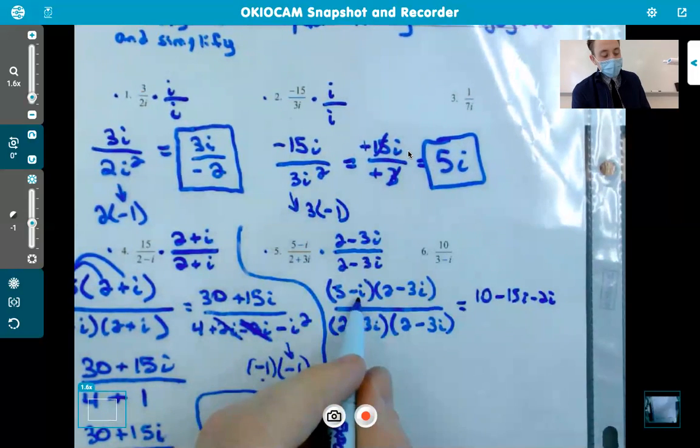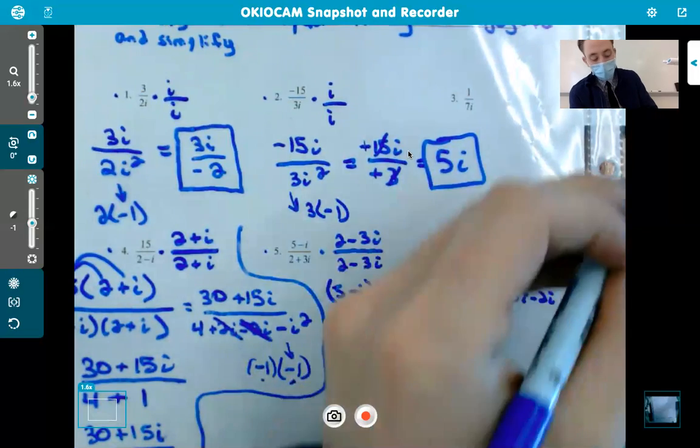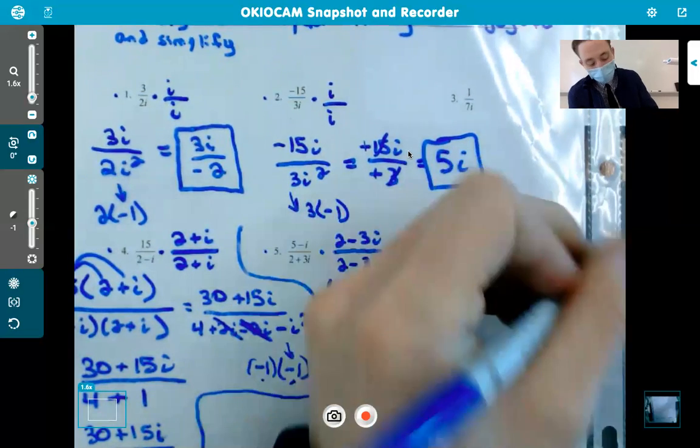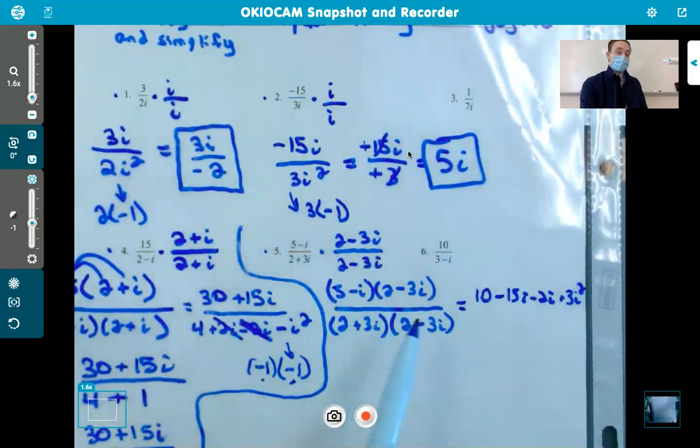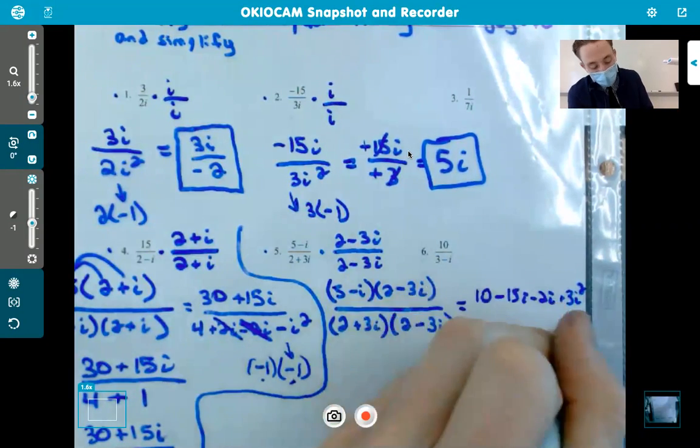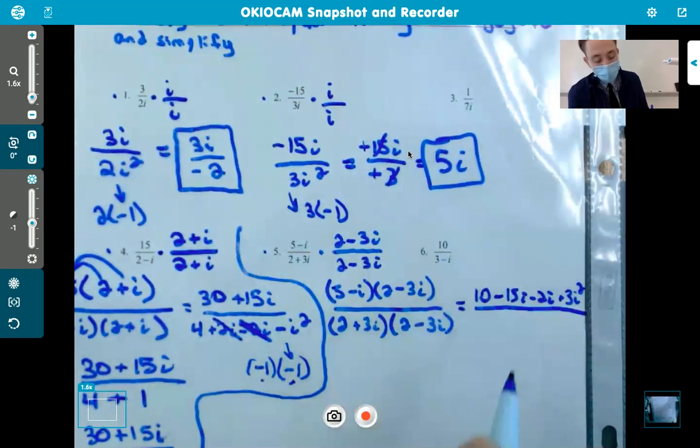And then negative i times negative 3i gives me what? Positive 3i squared. So be careful about sign changes too, right? Positive times negative gives you a negative. Negative times negative gives you a positive. Positive times positive obviously is positive as well. Take it step by step. Don't try to do too many things at once, right?